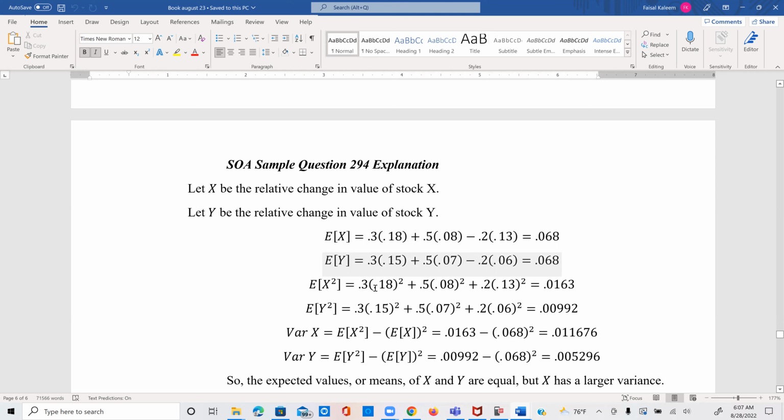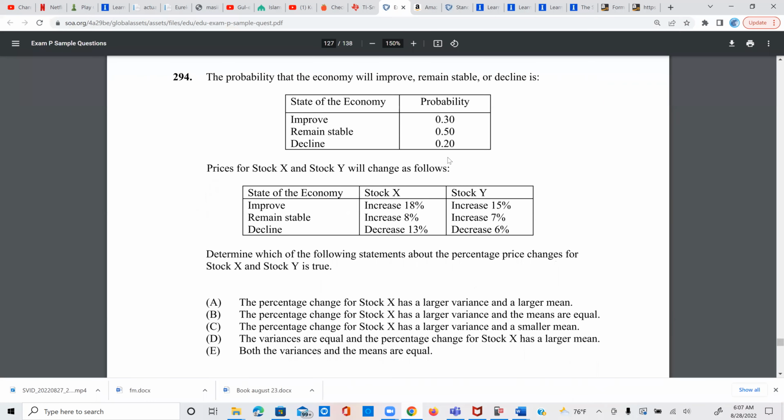Similarly, E of Y would be obtained by multiplying the probabilities of the economy position with the corresponding increases or decreases in Y. Increases will be positive, decreases will be negative. So it'll be 0.3 times 0.15 plus 0.5 times 0.07 plus 0.2 times negative 0.06, as we see here.